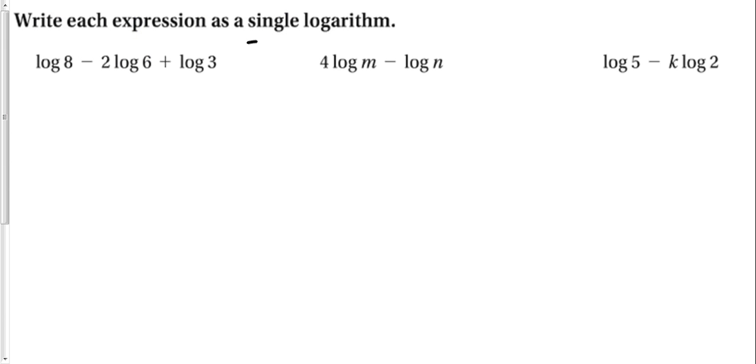So here, single logarithm. We're making everything into a single logarithm. I see a negative, I see a minus, I see a plus, I see a number in the front. So I'm going to use all three properties. I'm going to use the power property, product property, and quotient property.